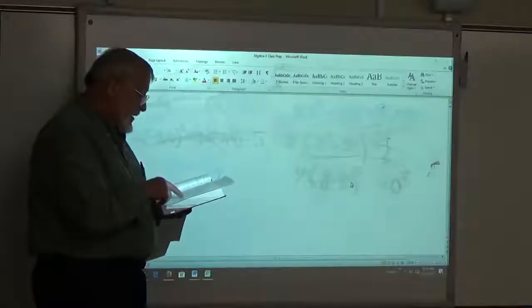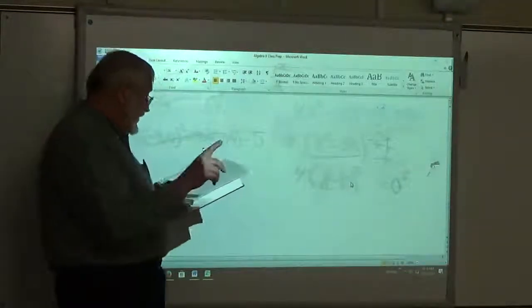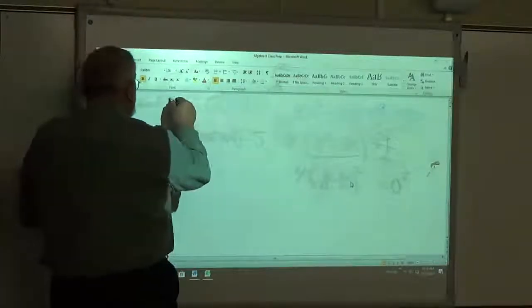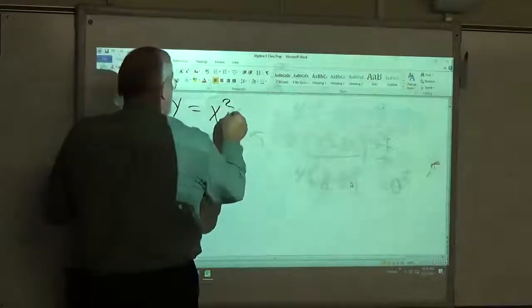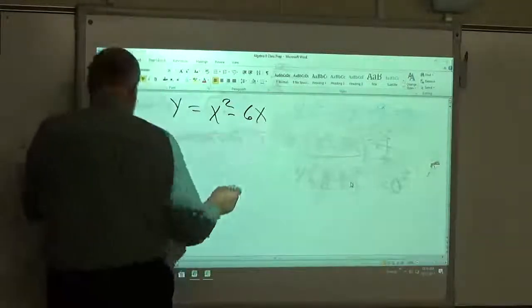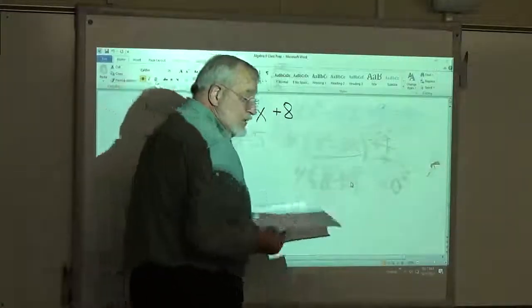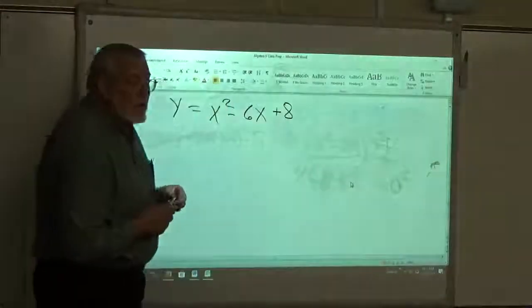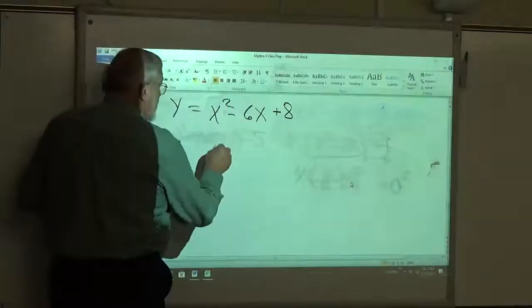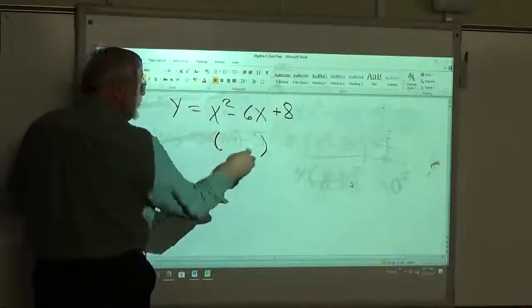It doesn't say here. Let's work it and see. Okay, so here we have y equals x squared minus 6x plus 8. Let's find the perfect square. Nicely, this is a 1.